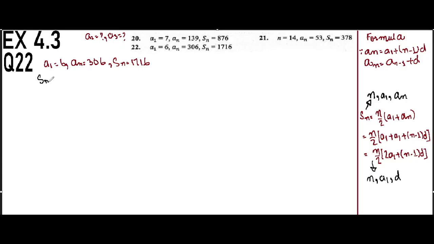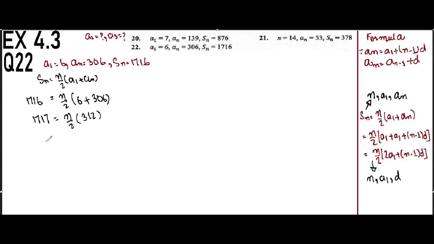So Sn is equals to n by 2 into a1 plus an. It is 1716 is equals to n by 2 into a1 is 6 plus an is 306, it is equals to 1716 is equals to n by 2 into 312.